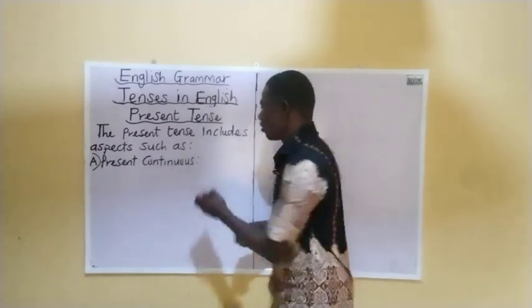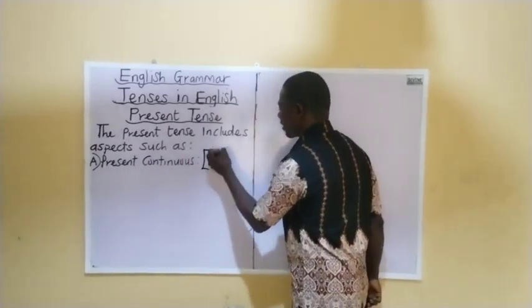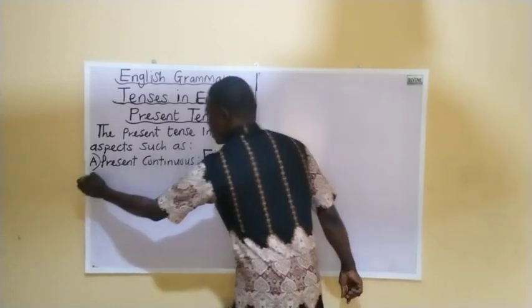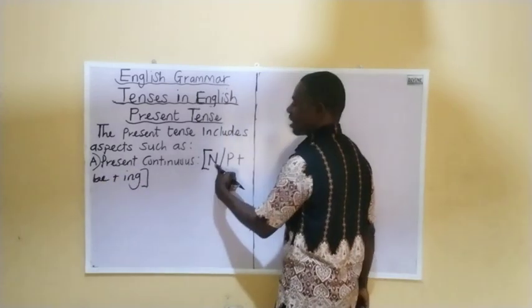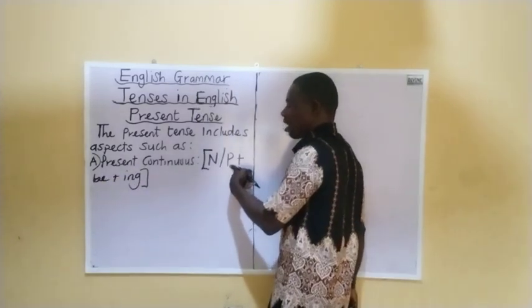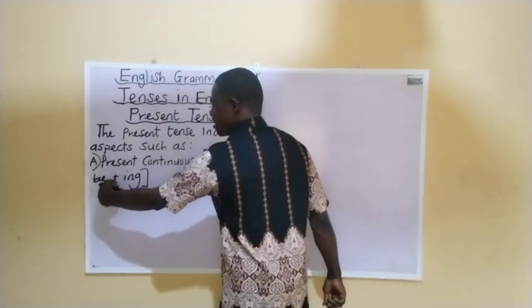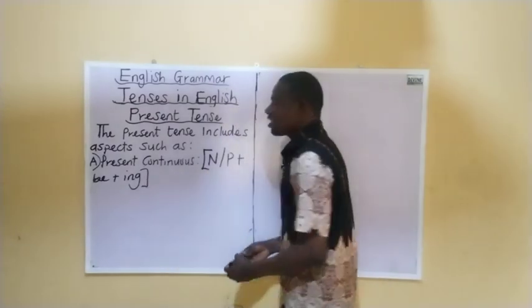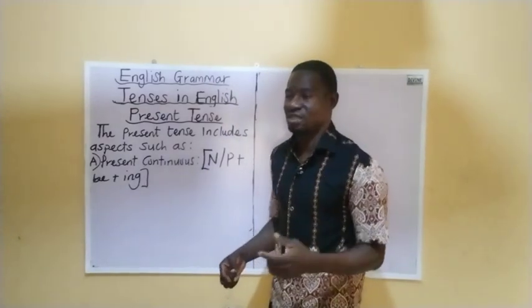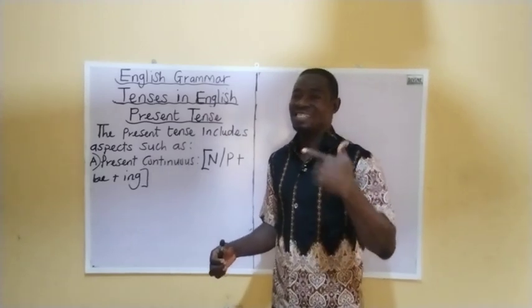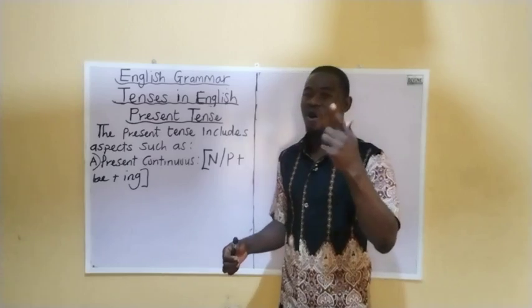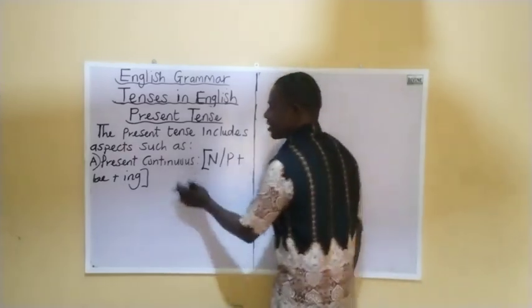The present continuous has the structure N/P plus B plus ing. The N stands for noun or pronoun, plus the verb be, plus ing. The question is, what is the present continuous tense? The present continuous tense is used to show that an action is in progress at the time of saying it.